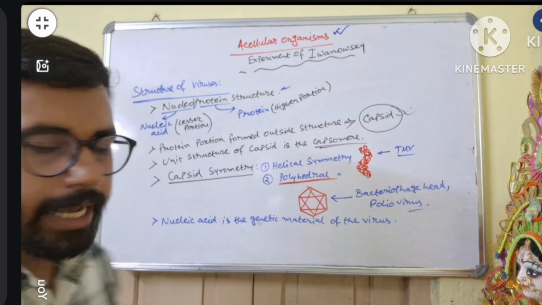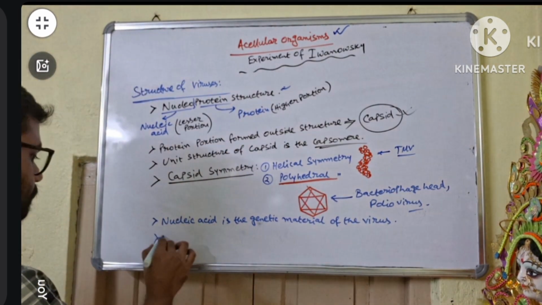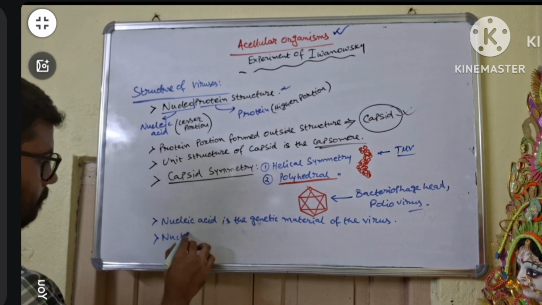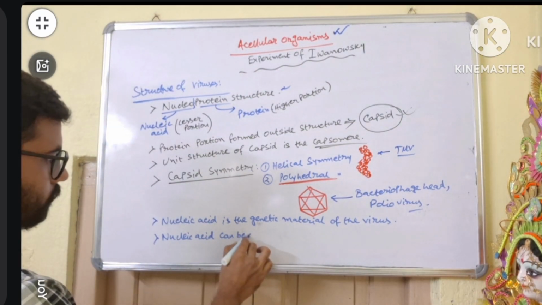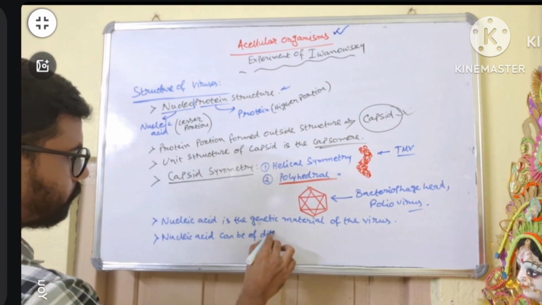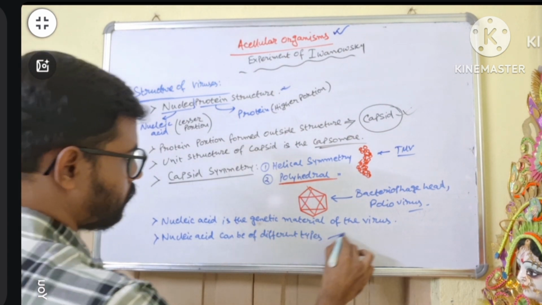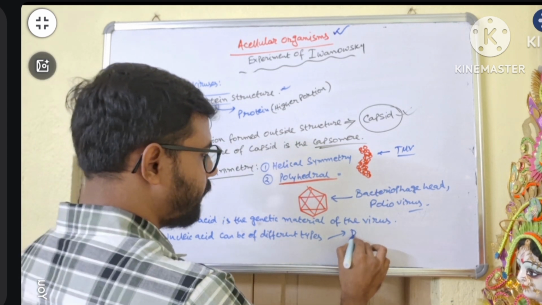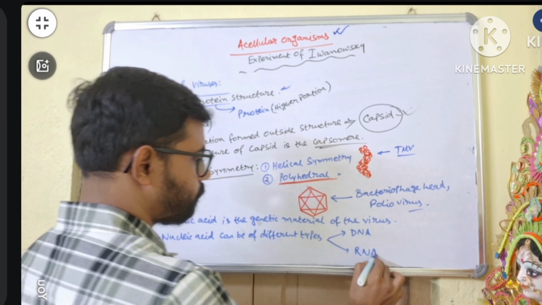Nucleic acid can be of different types in the case of viruses. It can be DNA, or it can be RNA.